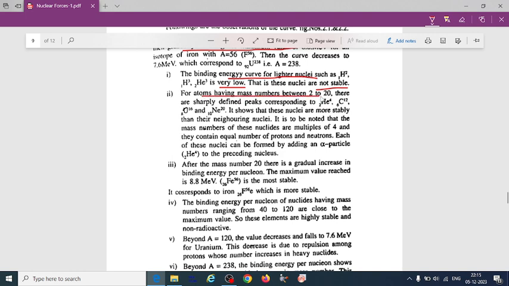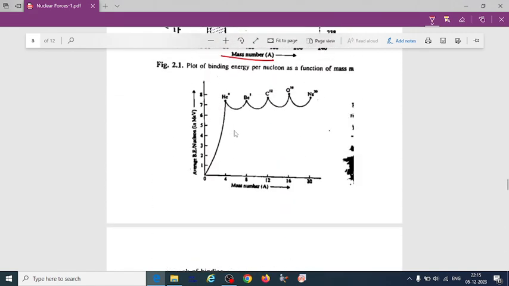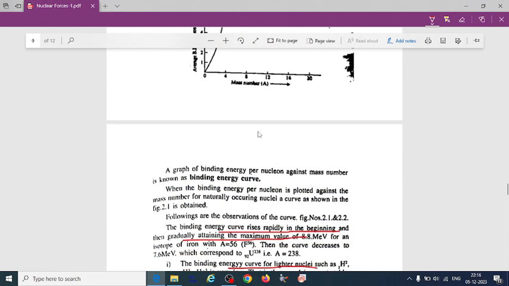Atoms having mass number between 2 and 20 show sharply defined peaks at even multiples of mass number 4: helium, beryllium, carbon, oxygen, neon. There is a difference of 4 in mass number.